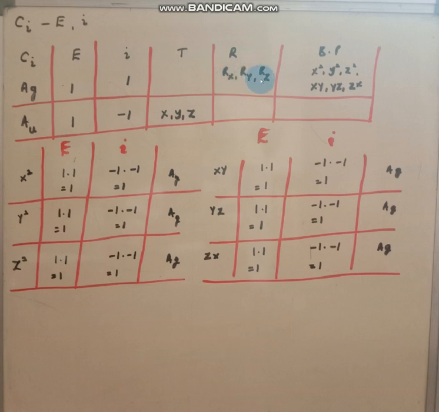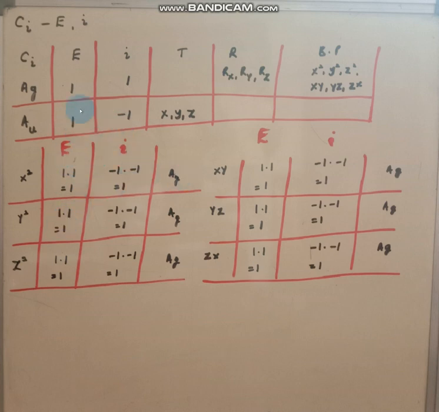Now, we shall consider binary products, that is x multiplied with x, y multiplied with y, z multiplied with z, x with y, y with z, z with x. X multiplied with x means 1 into 1, minus 1 into minus 1, it corresponds to Ag.